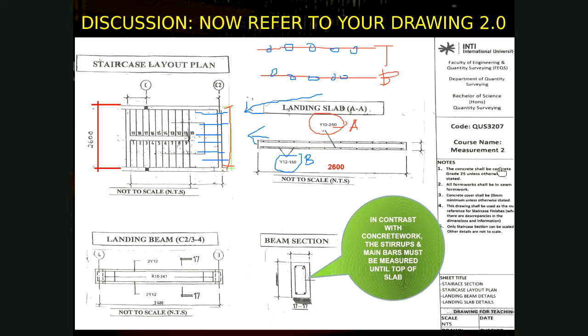Transverse bar is the bar that is laid 90 degree. This one. One is horizontal bar. Another one is transverse bar. That means at the end you can get the bar that is installed like this.